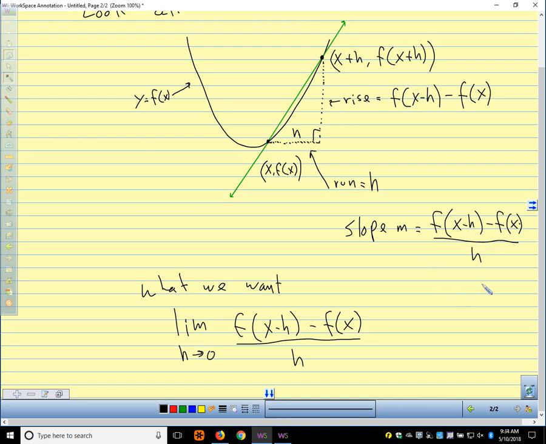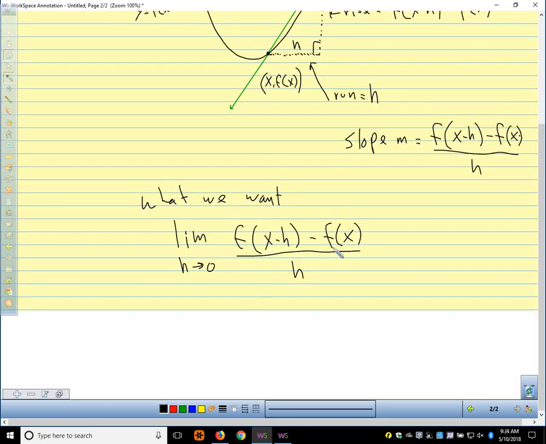So this quantity, f of x minus h minus f of x over h, is called the difference quotient. And that difference quotient you will see when you start your first semester in calculus. This will come up pretty quickly, and you'll work with it much more extensively than we're working with it.